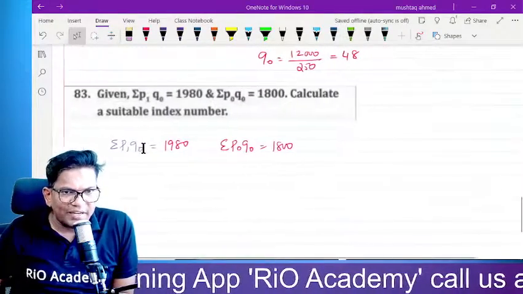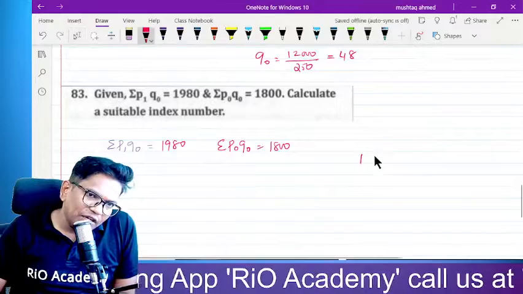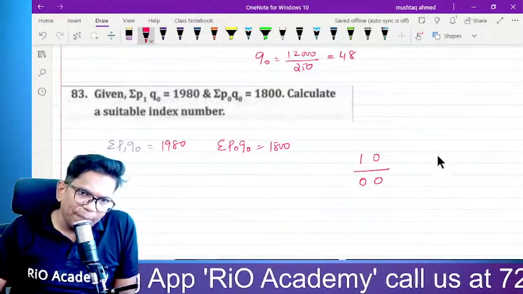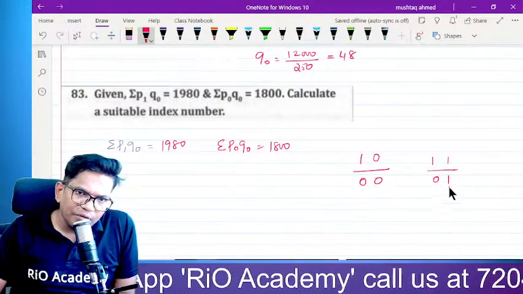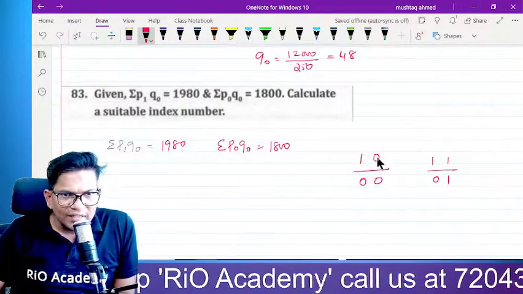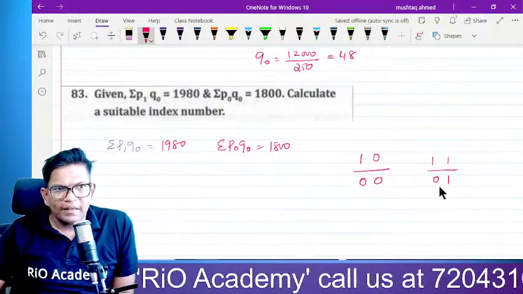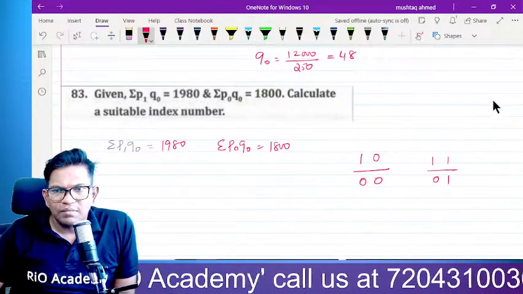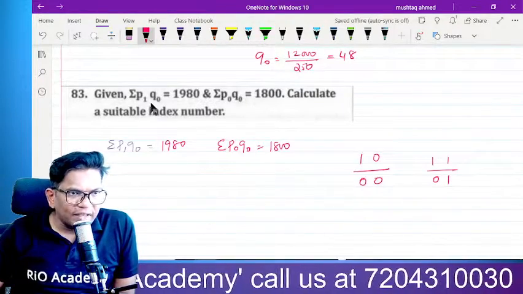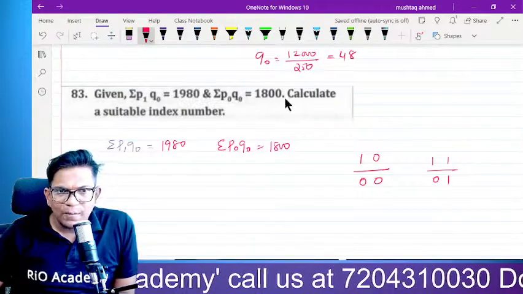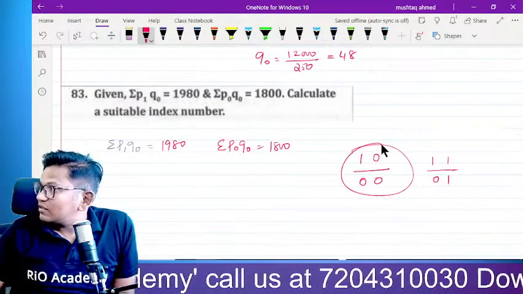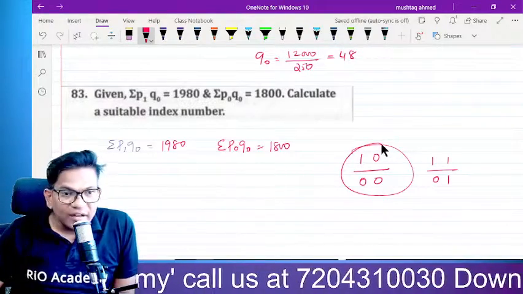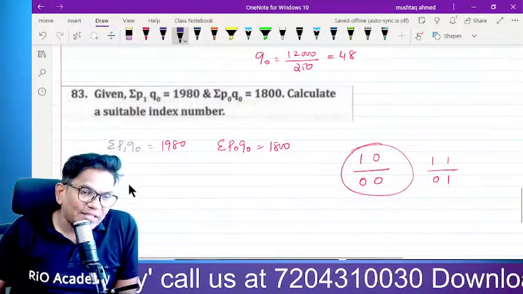I'll give a trick. Remember this: 10 00 11 01, yes or no? Now what have they given? They have given 10 and 00. That means they have given this, right? So it is very simple.